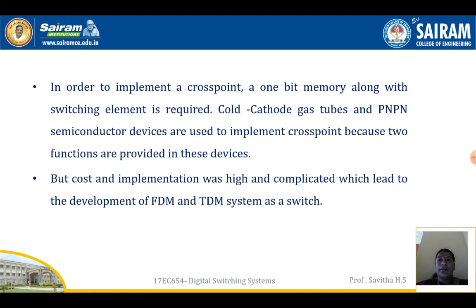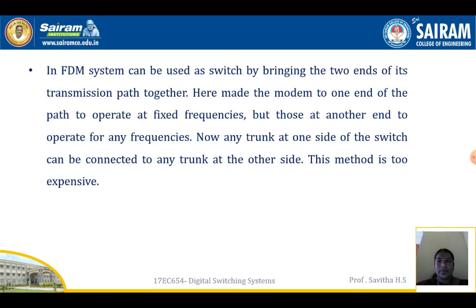In order to implement a crosspoint, a 1-bit memory along with the switching element is required. Cold cathode gas tubes and PNPN semiconductor devices are used to implement crosspoints because two functions are provided in these devices. But cost and implementation were high and complicated, which led to the development of FDM and TDM systems as a switch.